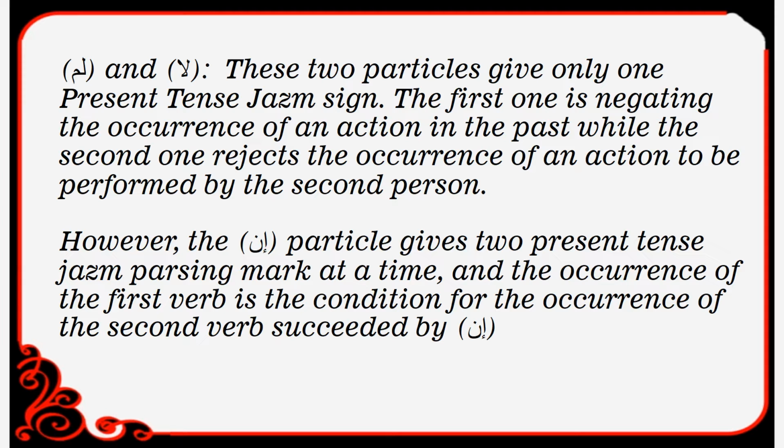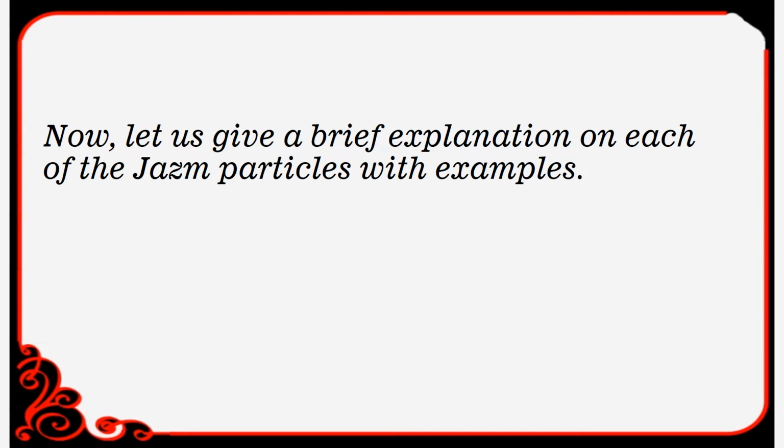However, the in particle gives two present tense Jazm parsing marks at a time, and the occurrence of the first verb is the condition for the occurrence of the second verb succeeded by in. Now, let us give a brief explanation on each of the Jazm particles with examples.